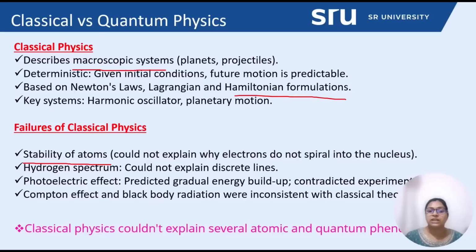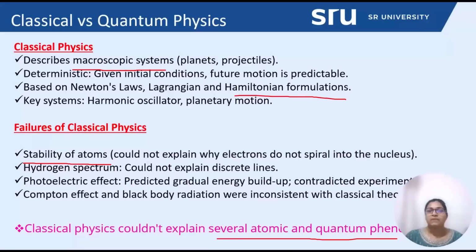So classical physics could not explain several atomic and quantum phenomena. We need a new framework where we can explain those experimental, microscopic-level phenomena. The consistent failures of classical physics in the atomic and subatomic realms paved the way for quantum mechanics, or quantum physics.